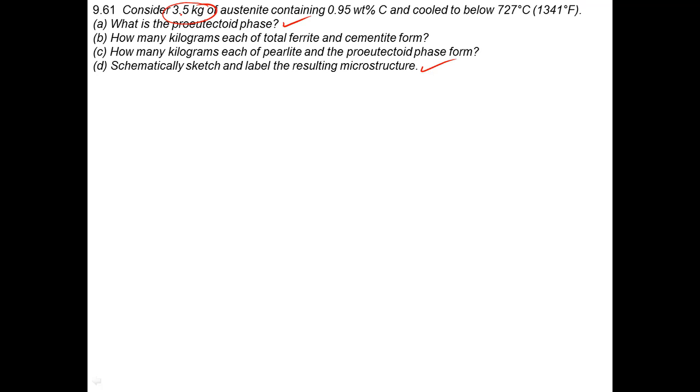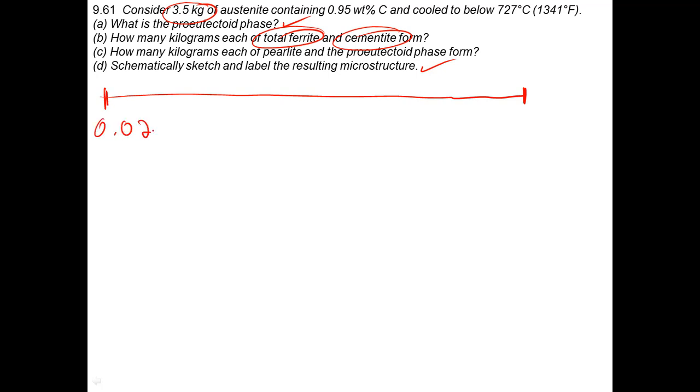Let's go ahead and start that process. In B, we're asked how many kilograms of total ferrite and total cementite form. And anytime we see those terms, total ferrite, total cementite, that means we need to be working on that tie line just beneath the eutectoid temperature.